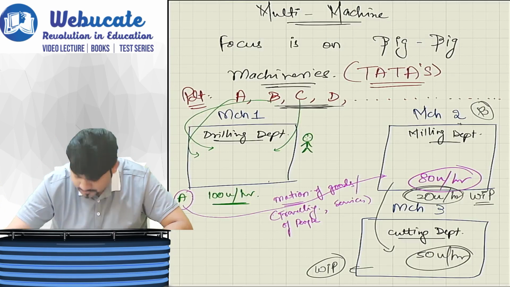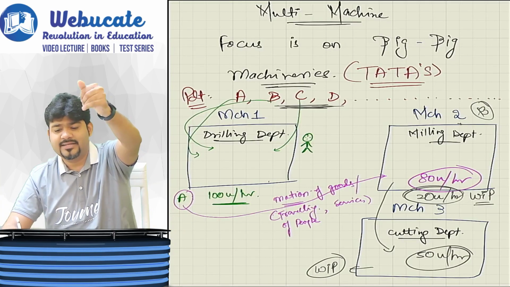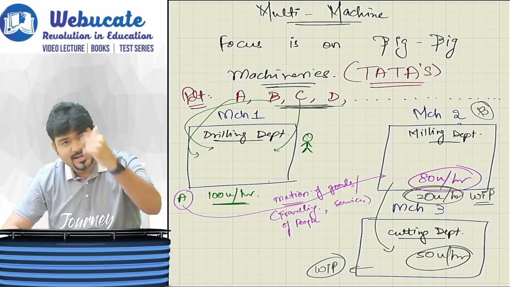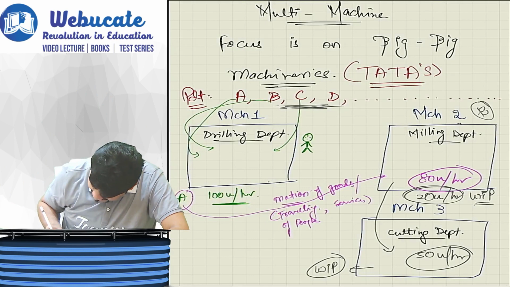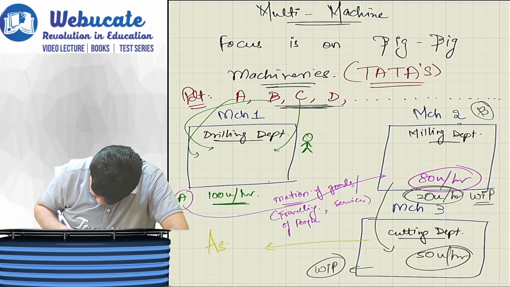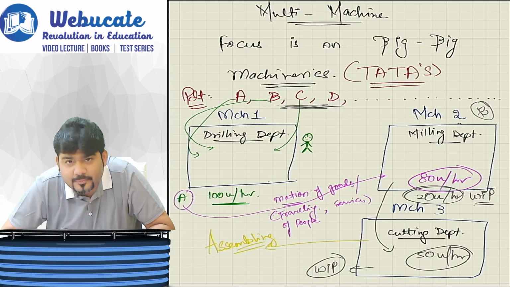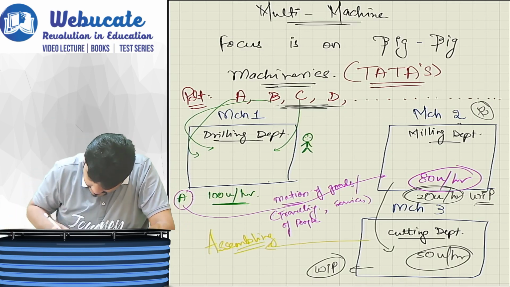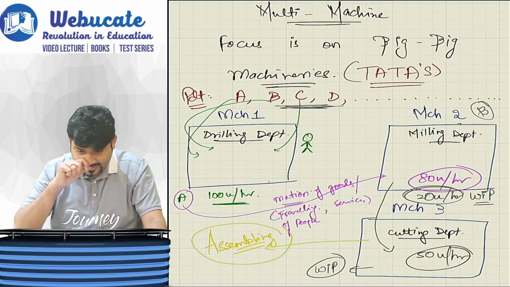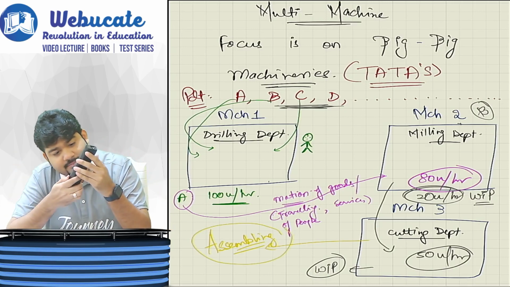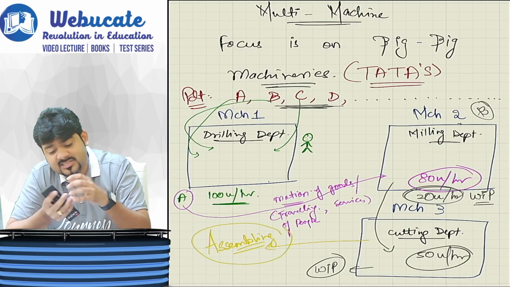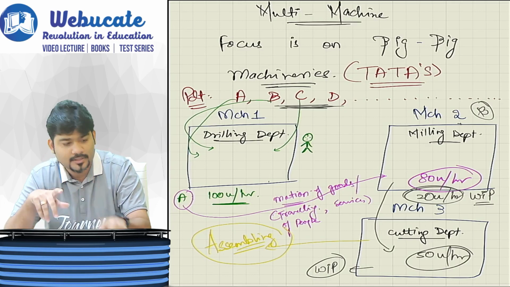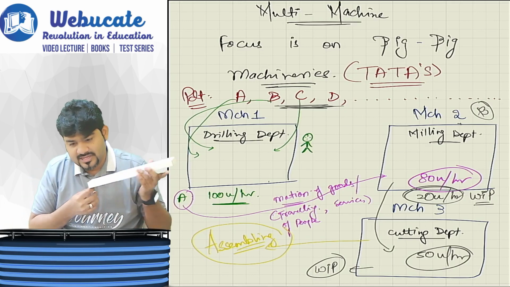Pay attention now. Suppose the drilling department has done its work, the milling department has done its work, the cutting department has done its work, and now it goes to the assembling department. And you will not believe it, at the assembling department, when they were assembling it, they realized that the cutting of this part is not done properly.